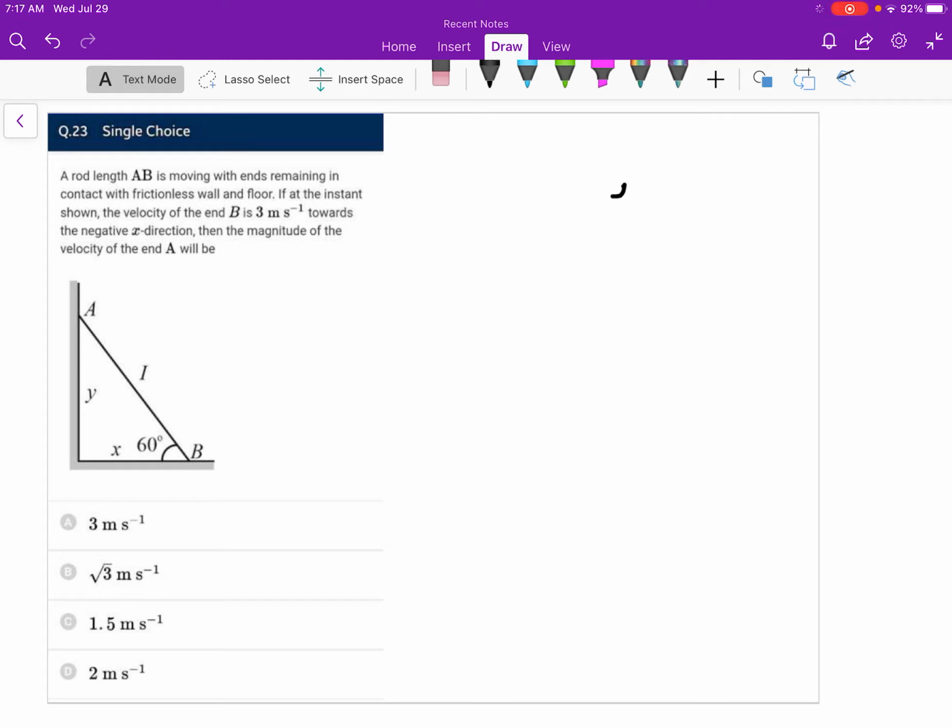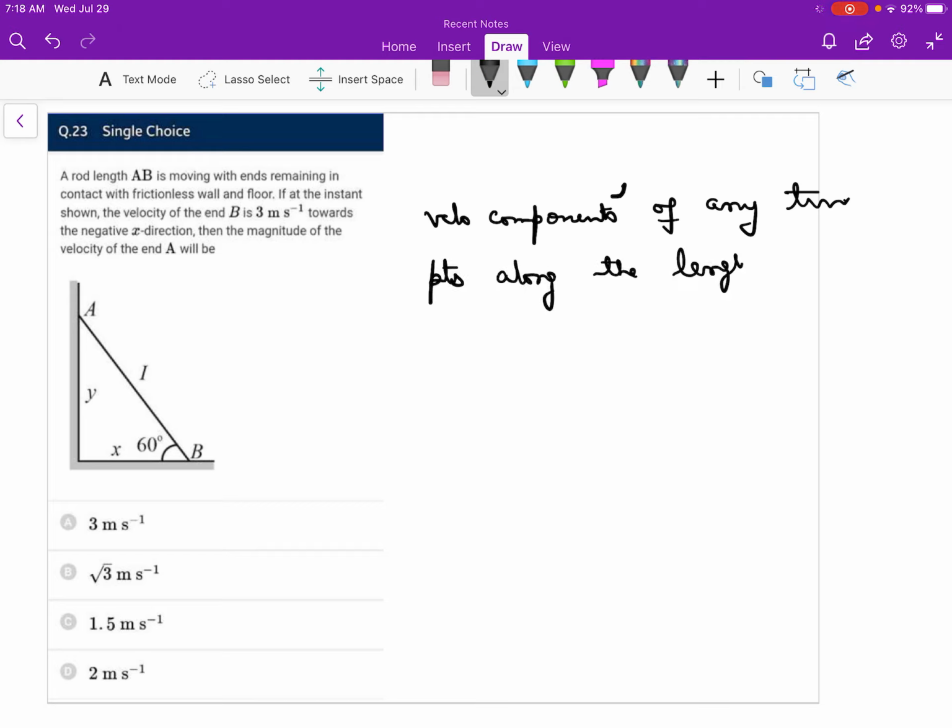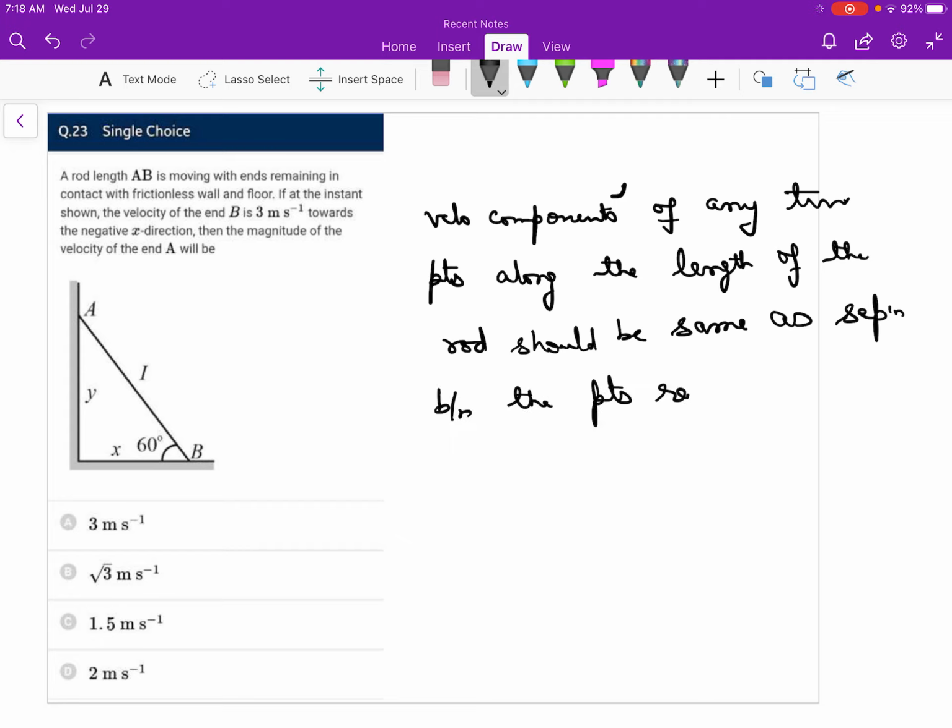So guys, this is a rigid rod. Rigid rod constraint: velocity components of any 2 points along the length of the rod should be the same, as the separation between the points remains constant.